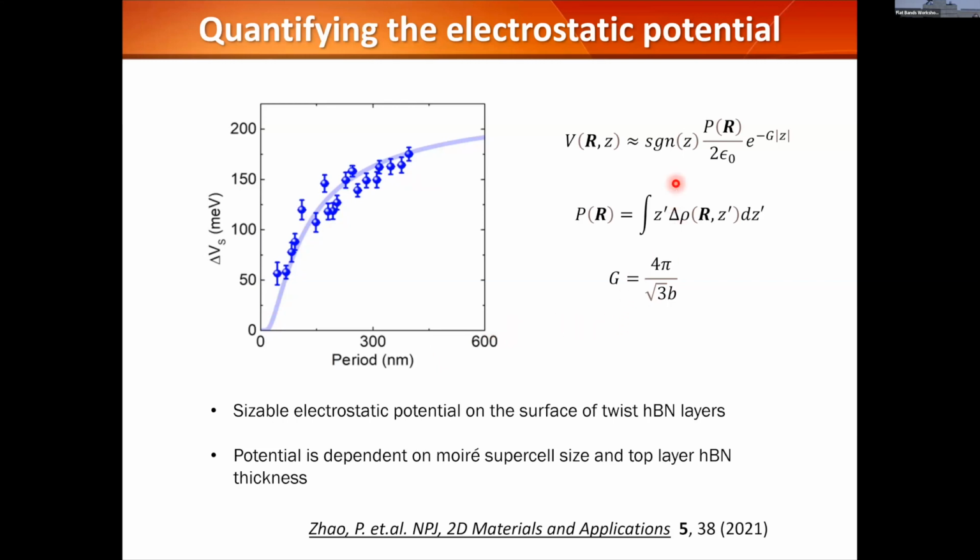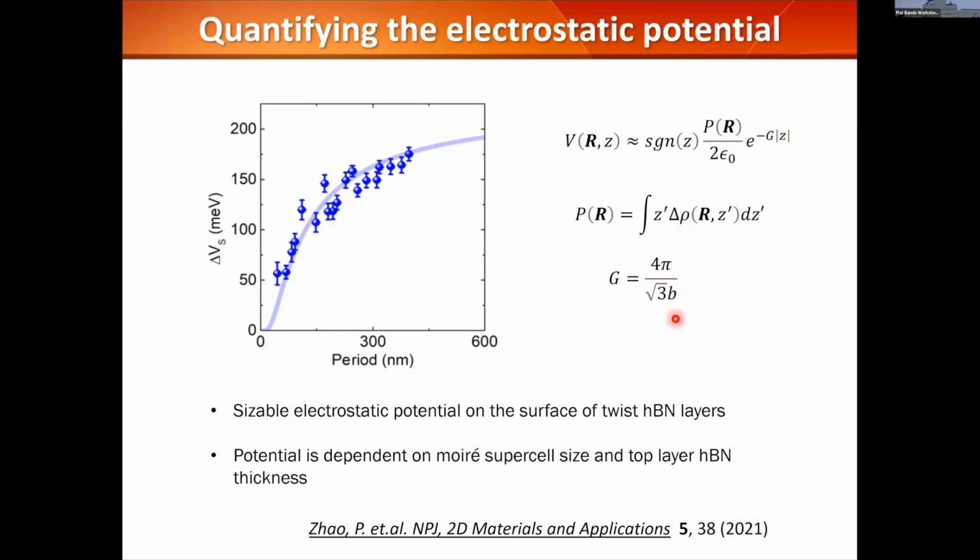And here is an exponential dependence when you are away from the twisted interface. It turns out if the moiré supercell size is relatively large, it does not decay very rapidly with the thickness dependence.